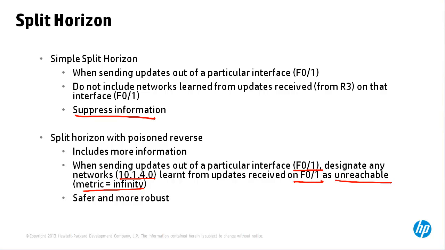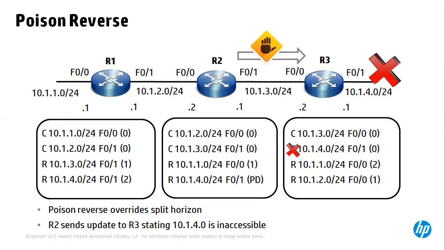So rather than suppressing information, the local router is telling the other router that the network it learned is not available via itself. The local router sets the metric to infinity. In other words, it's informing the other router that the network is unreachable via itself. So router 2, rather than suppressing the update about this network to router 3, is poisoning the route.